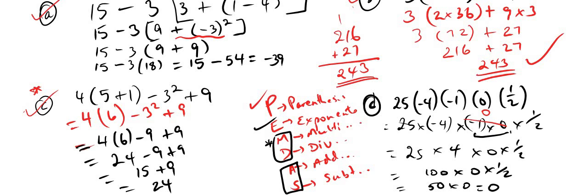Okay. And so we have 25 times -4 times 0 times a half. Let's use the 0 again. Let's say 0 times -4. What is 0 times -4? 0. Okay. And what's 0 times 25? 0. And what's that 0 times a half? 0.